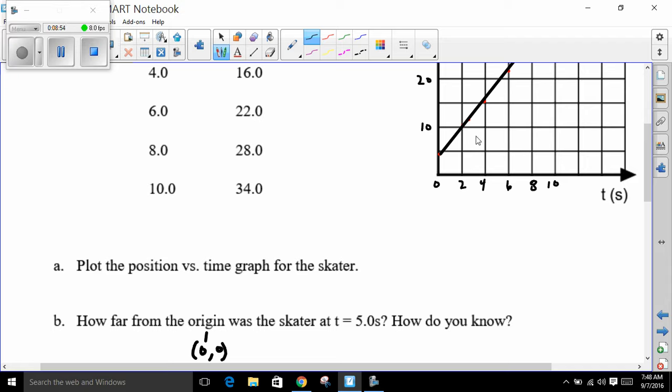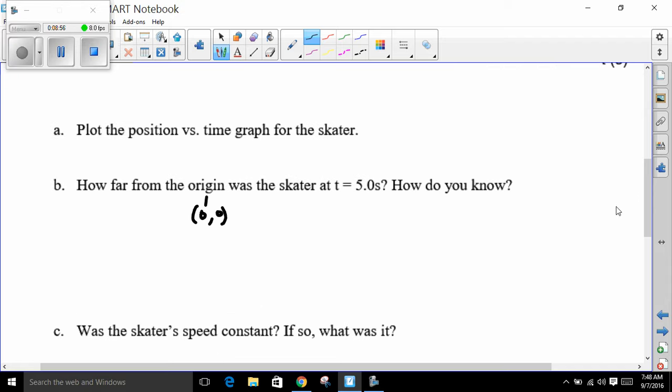I'm going to say 19. So x is approximately 19 meters. One more time on that. Position is approximately 19 meters at 5 seconds.